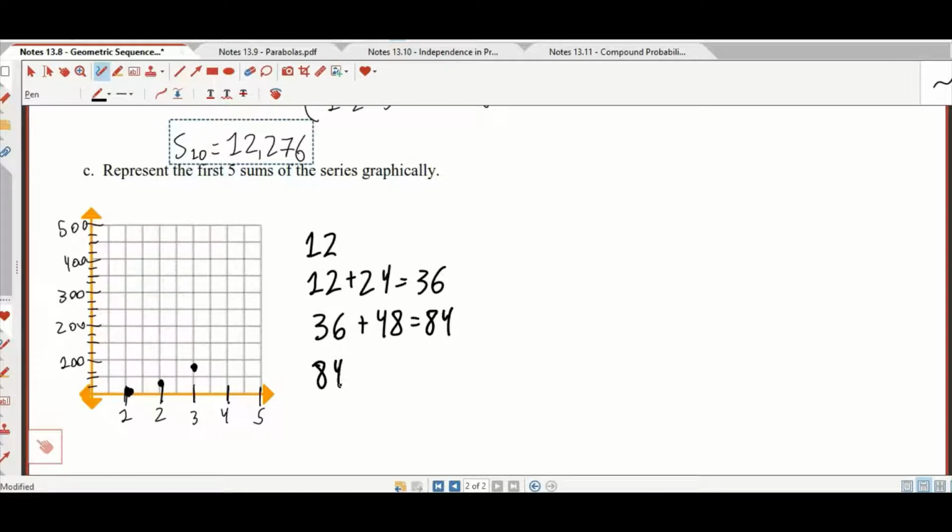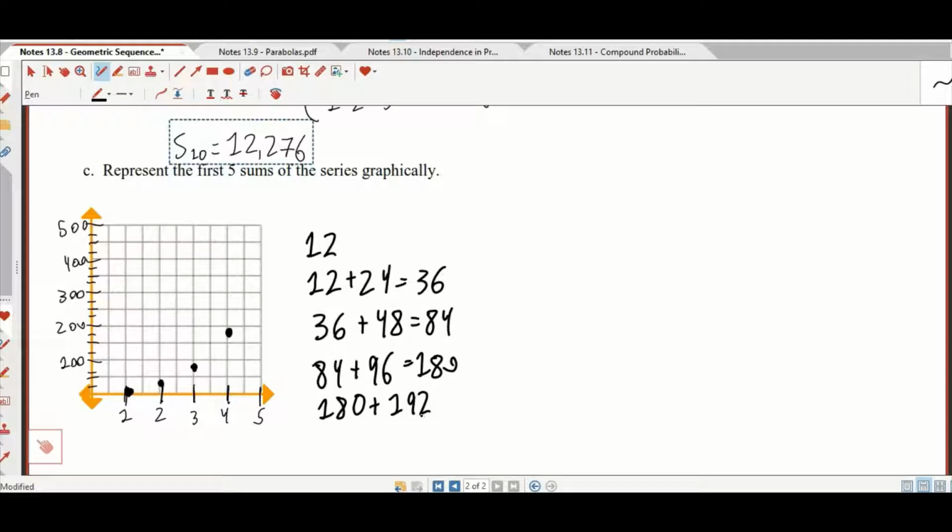Then we're going to do 84 plus 2 times 48, which is 96. Add those together and you get 180. Do you see where this is going? 4 goes to 180, 150, 175, 180, around there. And finally, the fifth term is going to be 180 plus 2 times 96, which is 192.